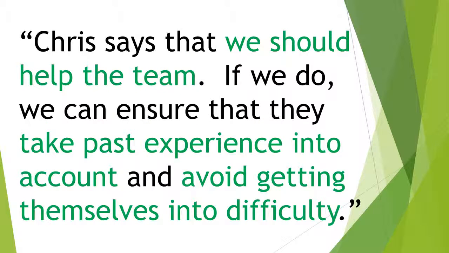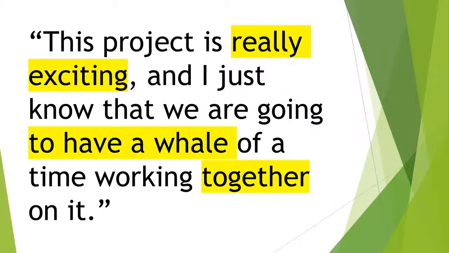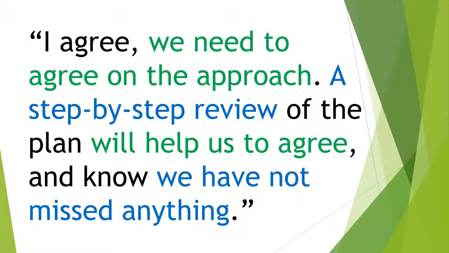Compliance. Chris says that we should help the team. If we do, we can ensure that they take past experience into account and avoid getting themselves into difficulty. Steadiness. This project is really exciting, and I just know we're going to have a whale of a time working together on it. Influence. I agree, we need to agree on the approach. A step-by-step review of the plan will help us to agree and know we've not missed anything.